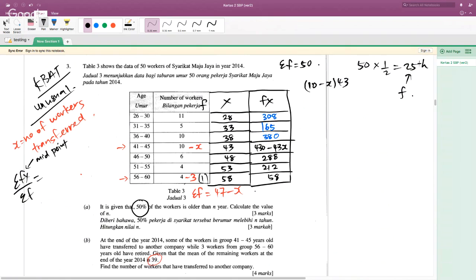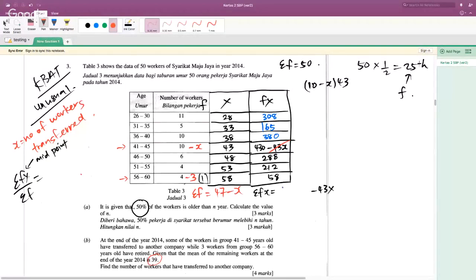So I want to know my sum of fx. This means I will add together, but you have an x here, you couldn't add the x. So I will write minus 43x here first. Then I add all the numbers here: 308 plus 165 plus 380 plus 430 plus 288 plus 212 plus 58.